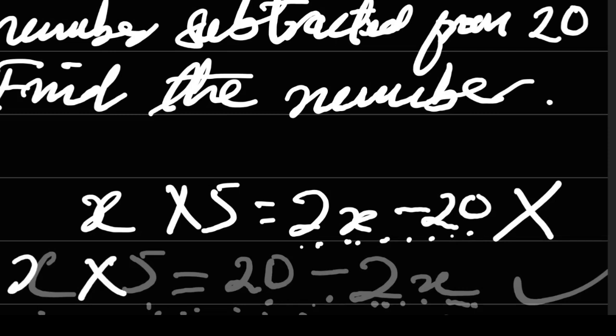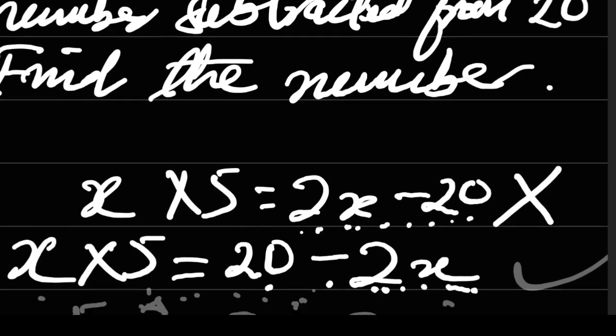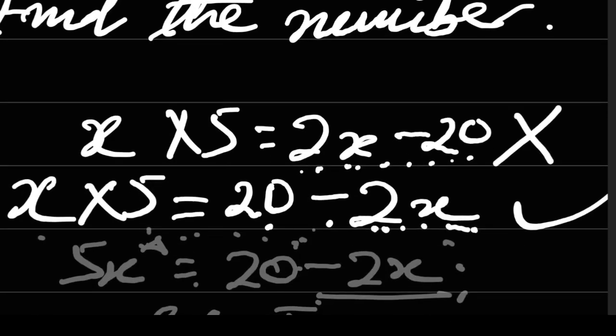The product of a certain number and 5 is equal to twice the number subtracted from 20. It is twice the number that has been subtracted from 20. If you write it like this, this is correct. Please take note of this. It's very important in this very topic, word problem.